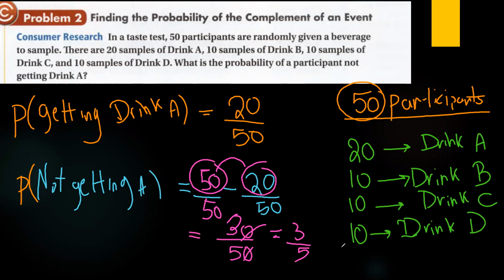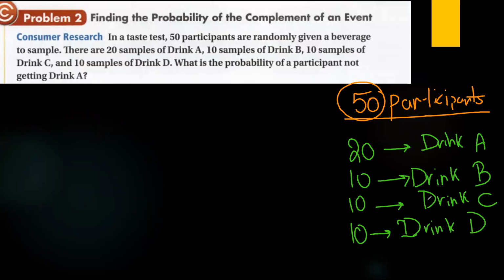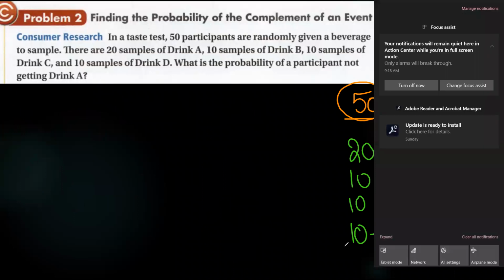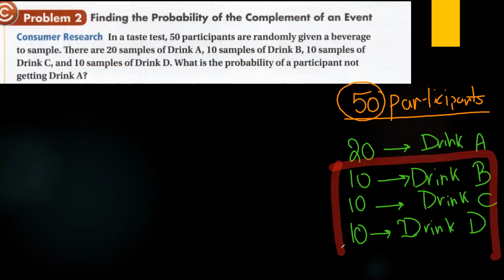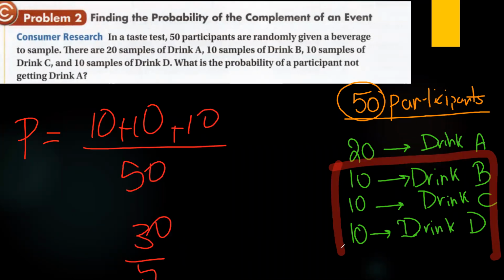So a way to solve not getting drink A: you find the probability of getting A, then you subtract it from 1 to find the probability of not getting A. Or there's another way: not getting A means B, C, and D. That they are 10 plus 10 plus 10 over 50, which is 30 over 50.